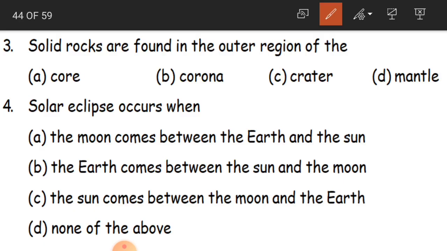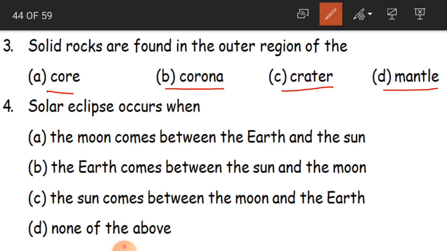Third one, solid rocks are found in the outer region of the dash. We are talking about the layers of the earth children. Where do you find the solid rocks from the layers of the earth? Either in core, corona, crater, or mantle. Corona is the outer layer of the sun.